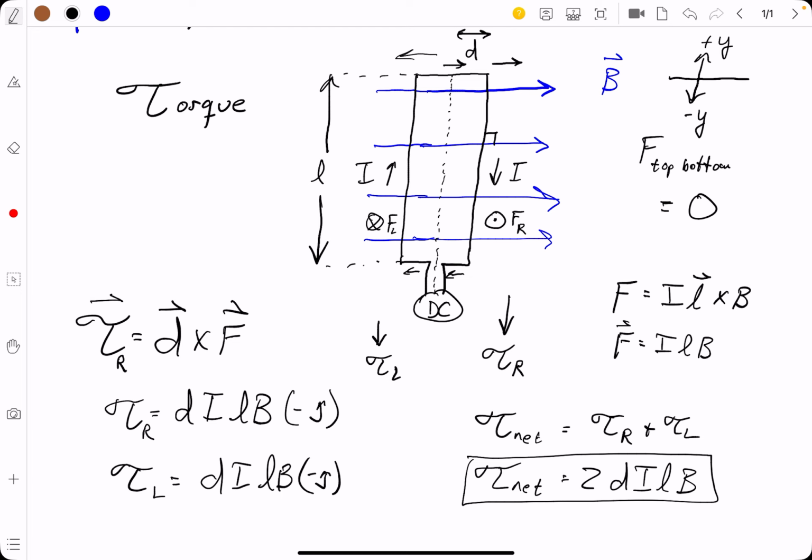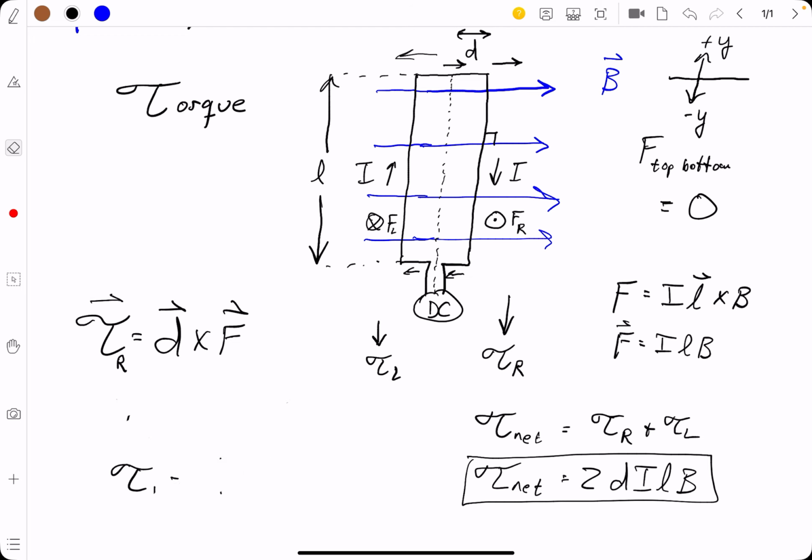Okay. Now let's put back, you know what? I'm gonna make some room for myself here. Let's put back our sine theta between I and B. Okay, so we're gonna put back this sine theta.